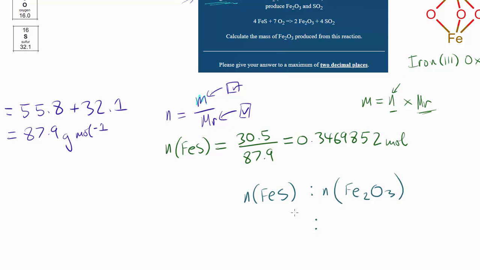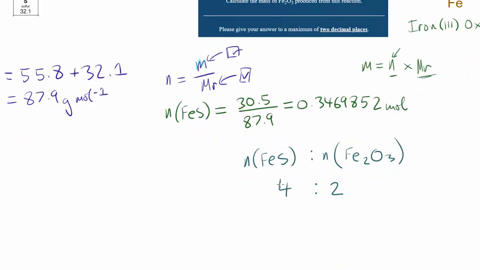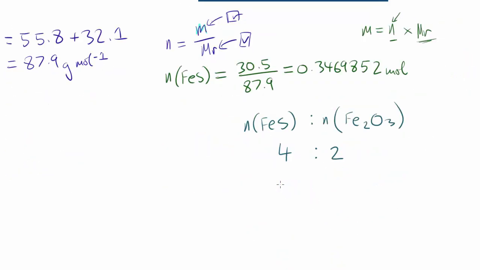So the coefficient for FeS, as you can see, is 4, right? And the coefficient for Fe₂O₃ is 2, right? What does this tell us? Well, what this tells us is that for every 4 moles of FeS, we're going to have 2 moles of Fe₂O₃.